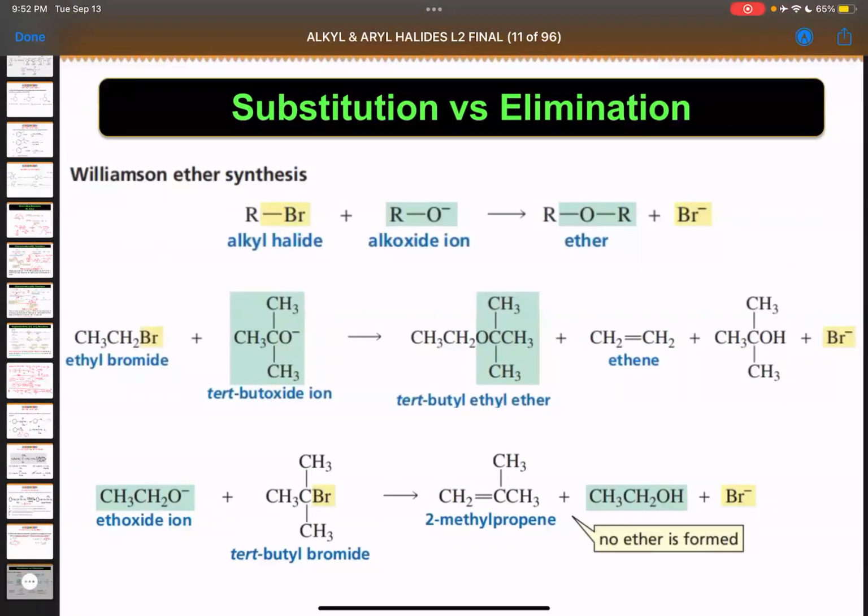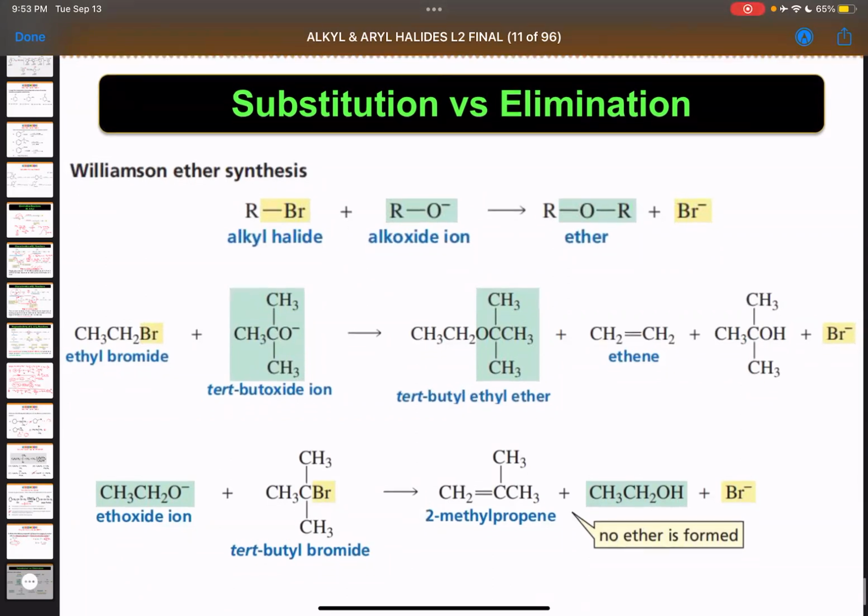So this is Williamson ether synthesis. Have you studied Williamson ether synthesis in alcohols?